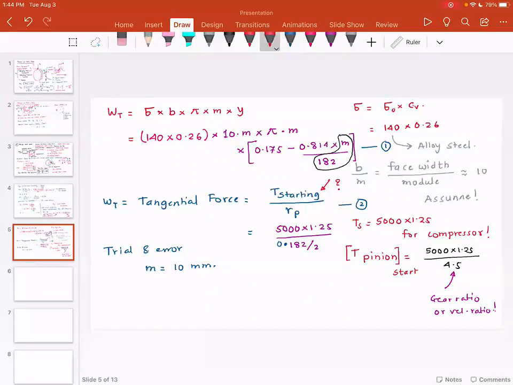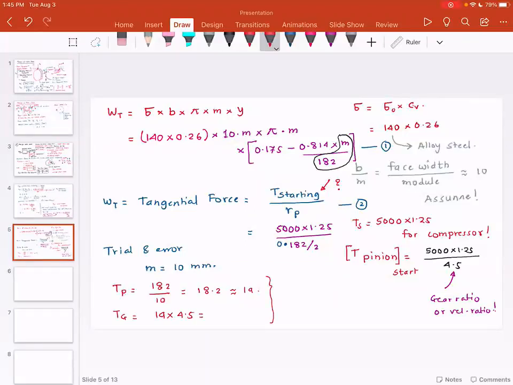Once we have 10 millimeters, now we can find out the number of teeth on the pinion. 182 divided by 10 is 18.2. So this is not quite right. You cannot have a fraction of a tooth. So you will say 19 number of teeth, and for the gear we are going to say 19 multiplied by 4.5.